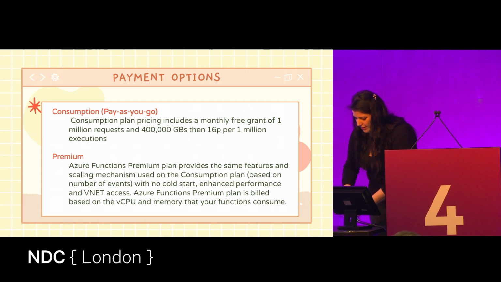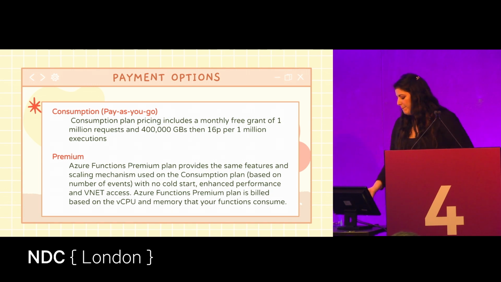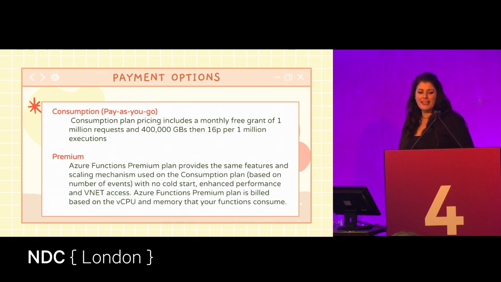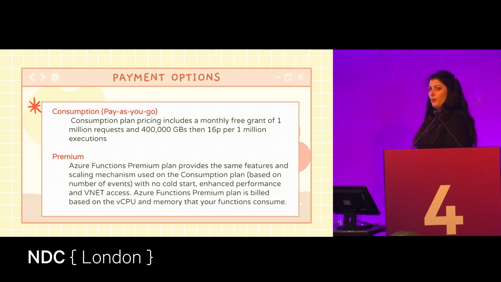So, the money, always interesting. Functions are more or less free. Yay, we love free. You can use the consumption plan, which is pay as you go. It includes a monthly free grant of 1 million requests. A whole million.